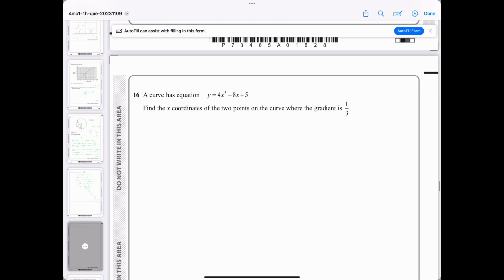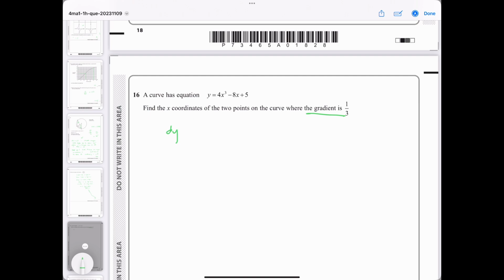Oh, right, this is quite quick, so I might just do this. y equals 4x cubed minus 8x plus 5, and we've got to find the points on the curve where the gradient is a third. A gradient means that you have to differentiate, unless it's a straight line, in which case you could just look at what's in front of x. But in this case, we differentiate y to dy by dx, and that gives us 12x squared minus 8.